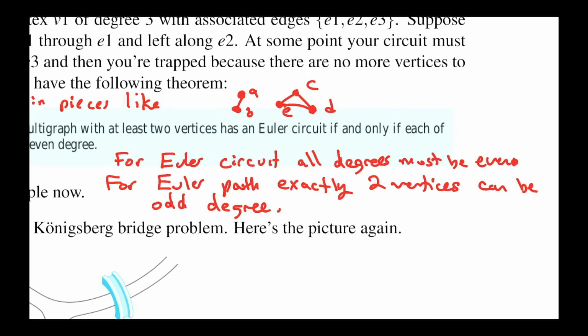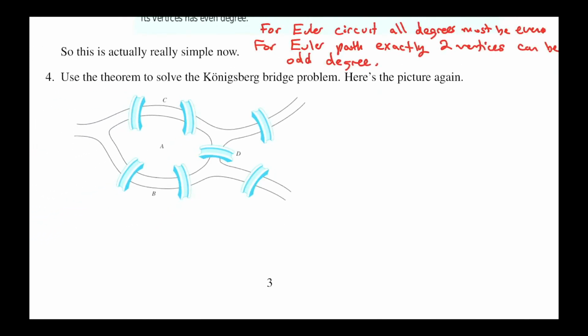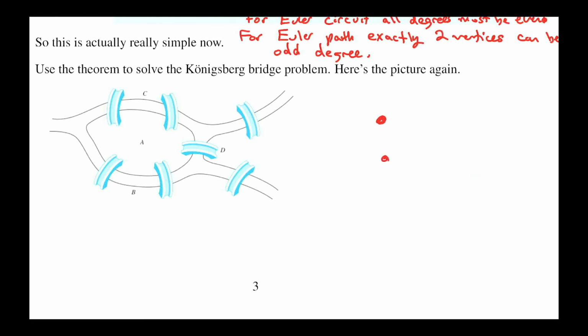Okay. And if you know that, then now you can solve the Königsberg bridge problem because we can draw the graph again, which was like this, and we had edges, edges, edge, edge, edge. I think that's how it was. And then if you write the degree next to each vertex, what you get is you end up with 3, 5, 3, 3.